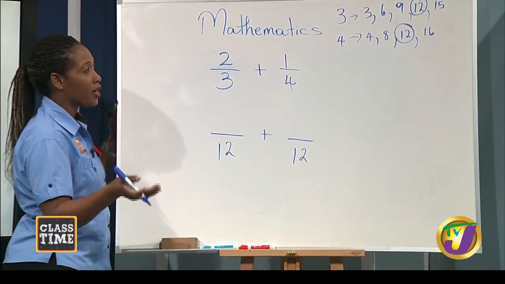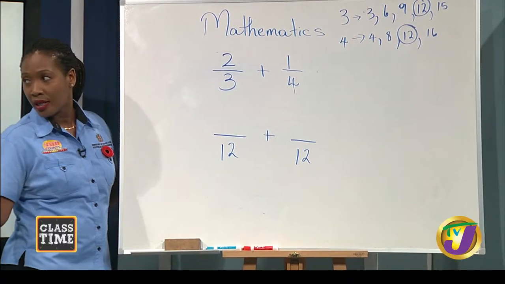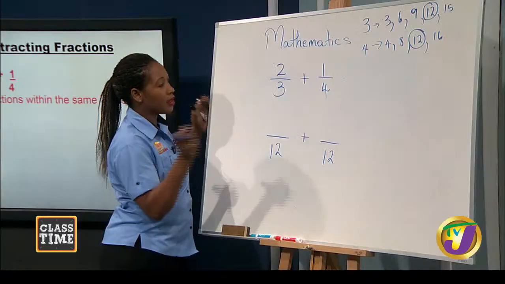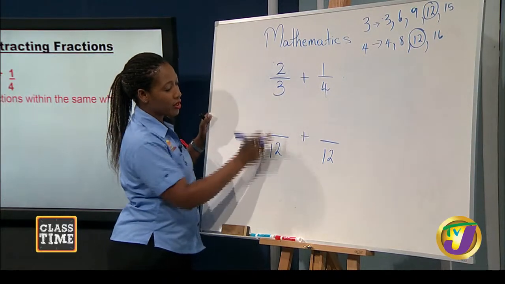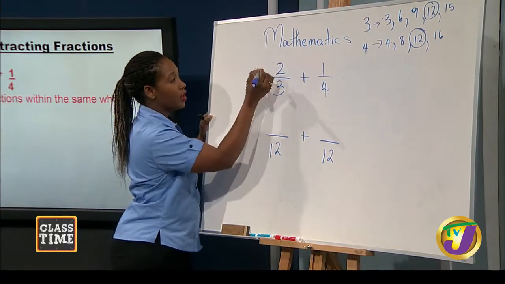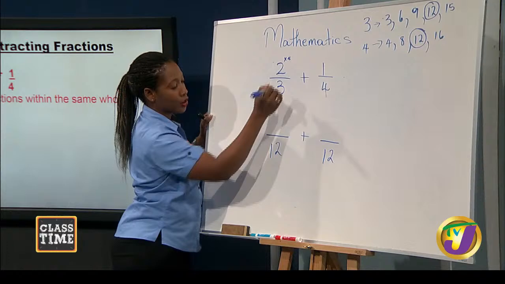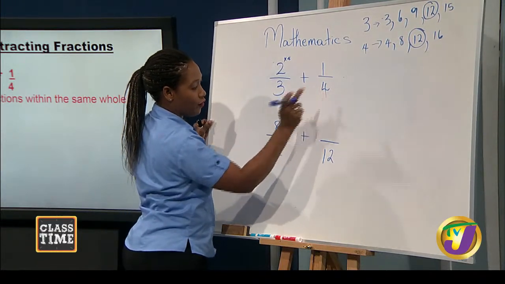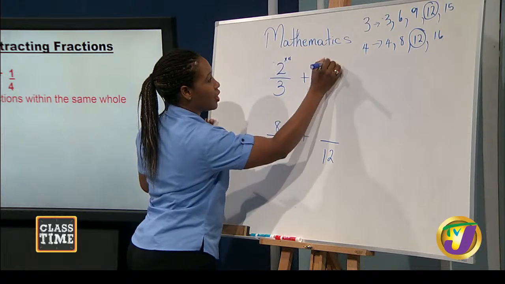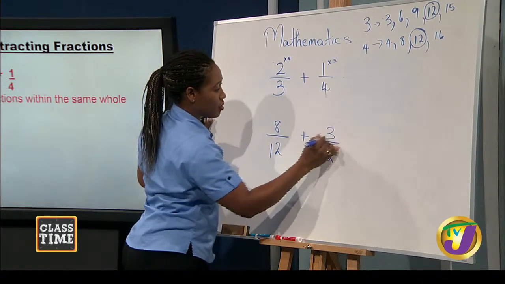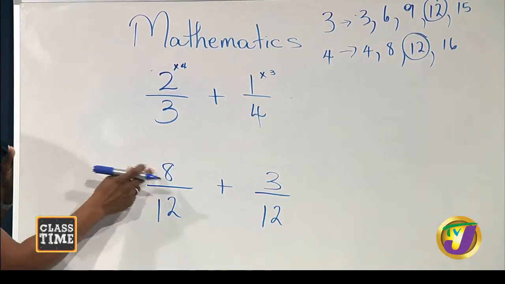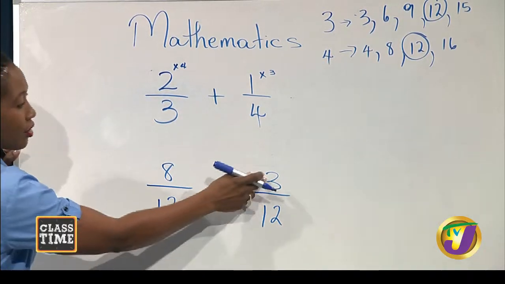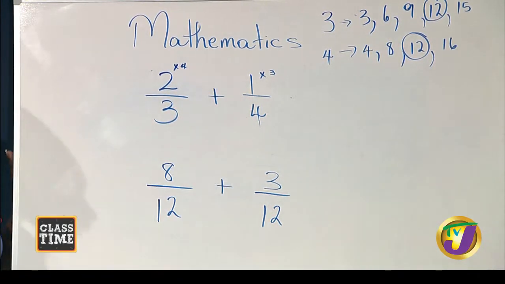Remember, when you're working with fractions, whatever is done to the numerator must be done to the denominator, or the other way. So 3 divided into 12 gives me 4. 4 multiplied by 2 gives me 8. And 4 divided into 12 gives me 3. 3 times 1 gives me 3. So 8/12 is equivalent to 2/3, and 3/12 is equivalent to 1/4.